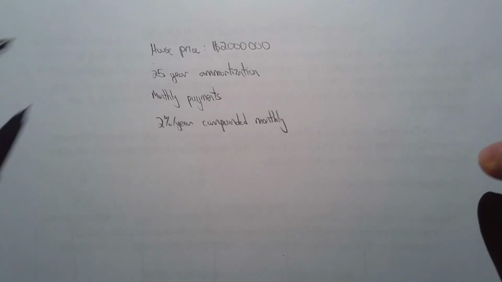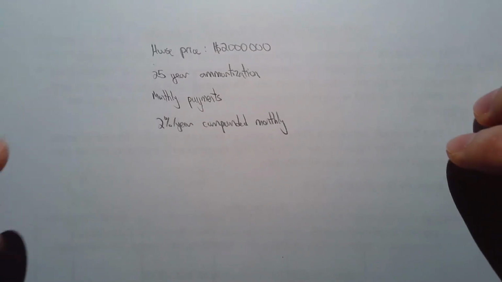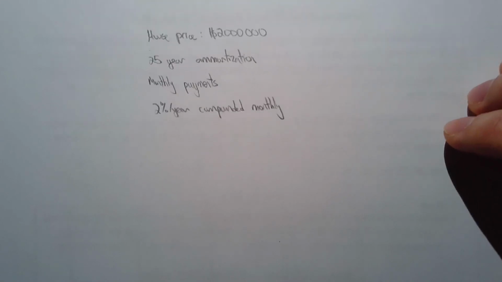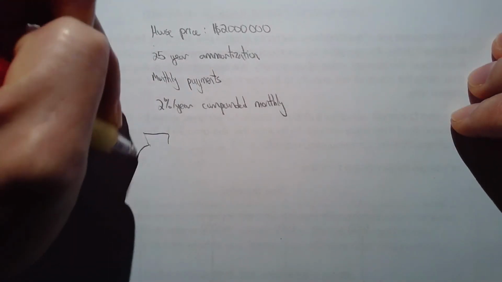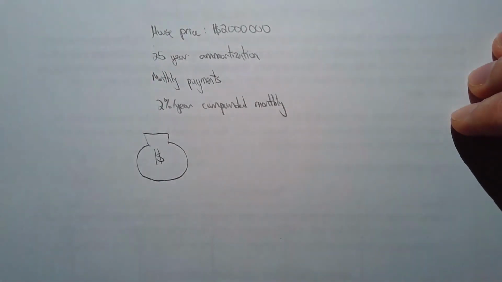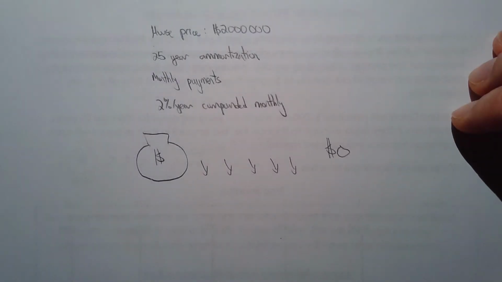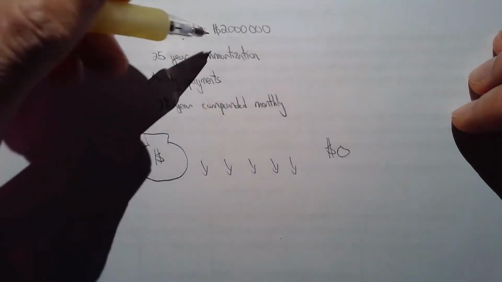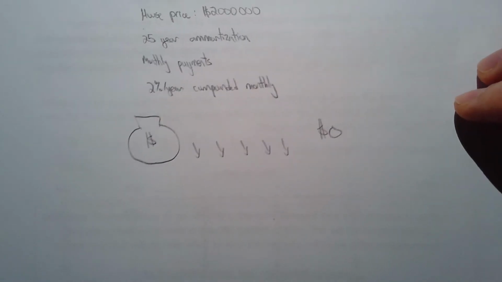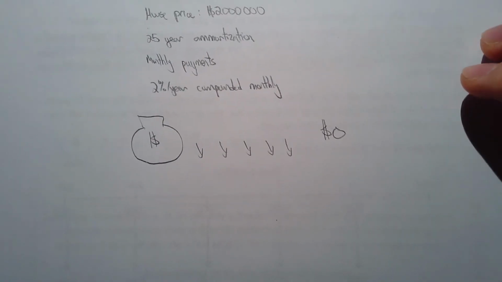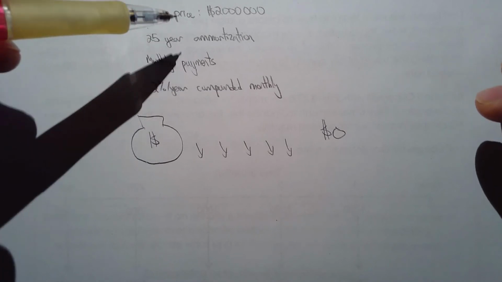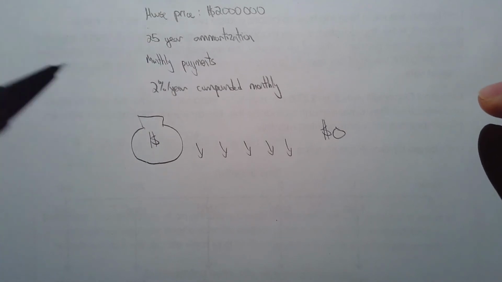But anyways, this is actually a present value of annuity question, because think about it. You have this giant chunk of money you owe, in this case $2 million, and then you slowly pay it off until you owe the bank $0. So the present value of annuity right now is $2 million, assuming you didn't make a single down payment. It's a little complicated, because if you're buying a house over $1 million right now, you need a minimum of 10% down payment.